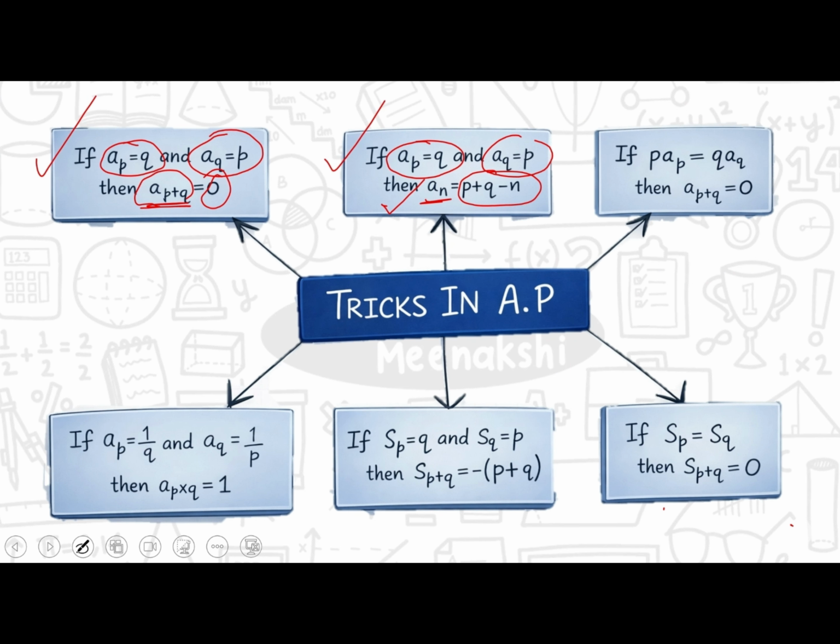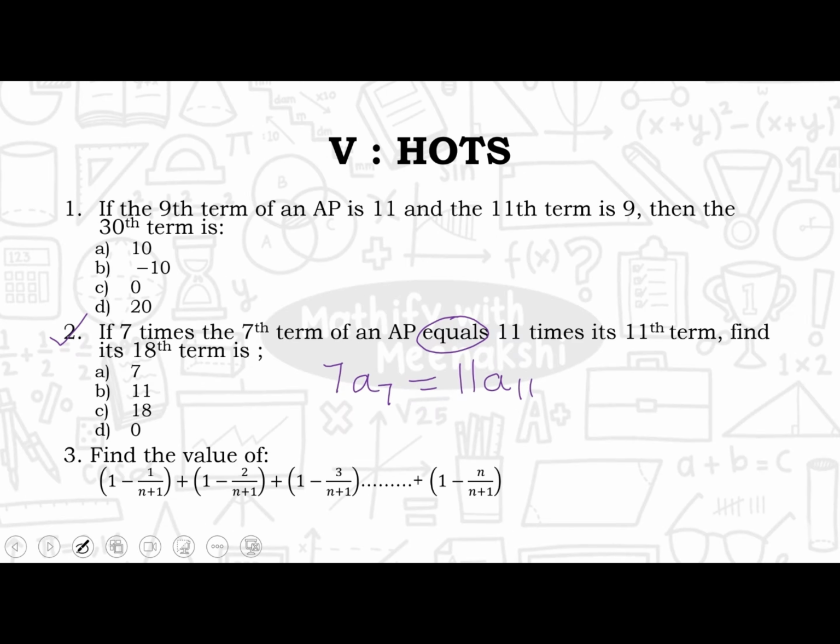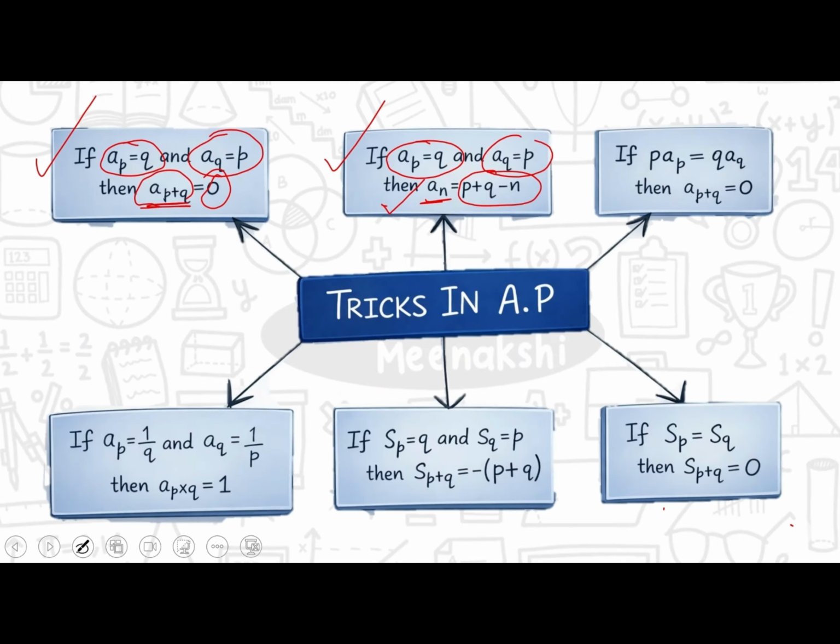Let's move to the next question. That is question number 2. In question number 2, it's given that 7 times the 7th term is equal to 11 times the 11th term. Yes, I think you notice something here. 7 times the 7th term, 11 times the 11th term. In this case also we have one trick: if p times the pth term is equal to q times the qth term, the p plus qth term is always 0.